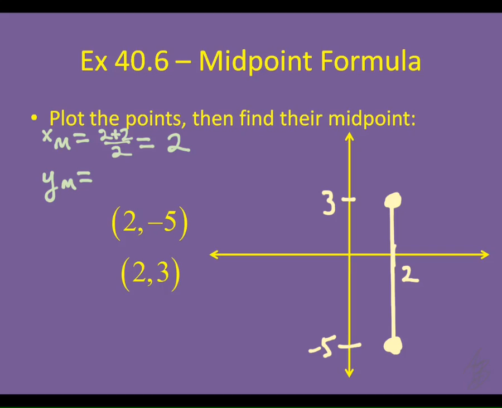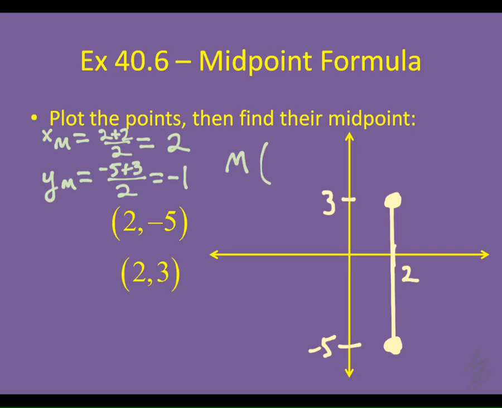Brittany? Negative 5 plus 3 divided by 2. Okay, and what's negative 5 plus 3? Negative 2. Divided by 2? Negative 1. Okay, so what are the coordinates of our midpoint, Tiffany? It's 4, negative 1.